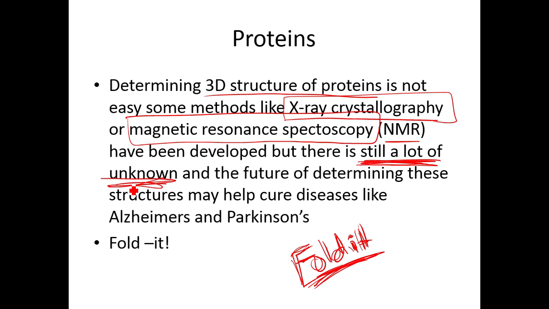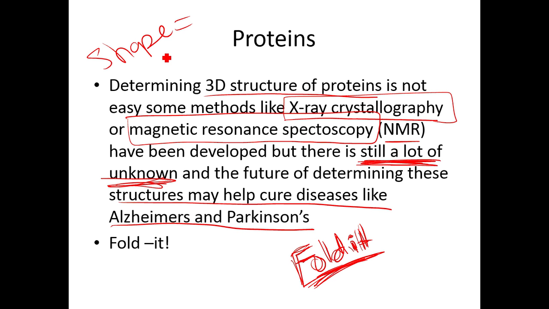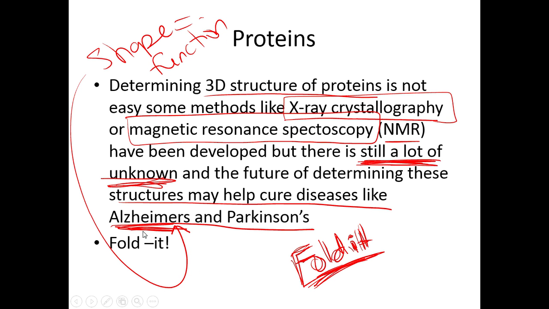The future of determining these structures may help us cure diseases like Alzheimer's and Parkinson's. Remember, shape gives rise to function. So if we know that there's a protein in Alzheimer's that is no longer operating properly, we can actually manufacture a chemical compound or something that mimics the protein that is no longer functioning.